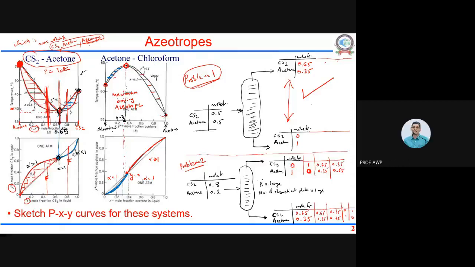It has a lower temperature than CS2, isn't it? So at the top, I will still have 0.65 and 0.35, but the bottom would now be pure CS2. It will be 1 and 0. Do you agree with that?